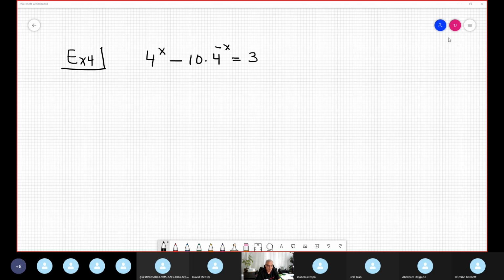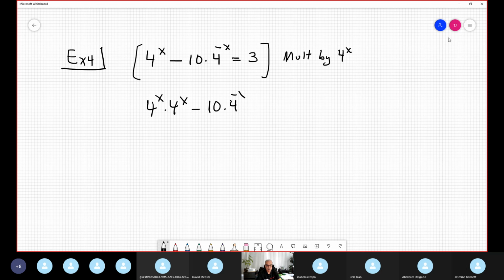So, for example, multiply my entire equation by 4 to the x. We have 4 to the x times 4 to the x, minus 10 times 4 to the minus x times 4 to the x, equals 3 times 4 to the x.